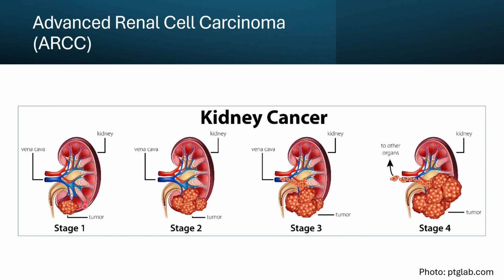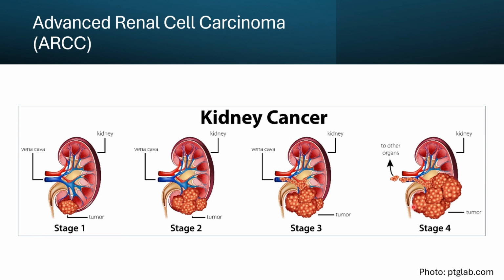Tubules are the blood vessels within the kidney, essentially, and it's cancer of the cells that make up the walls of those blood vessels. And to give some more insight into our cancer terms here, when we're saying advanced, we're talking about stage 4 of ARCC.